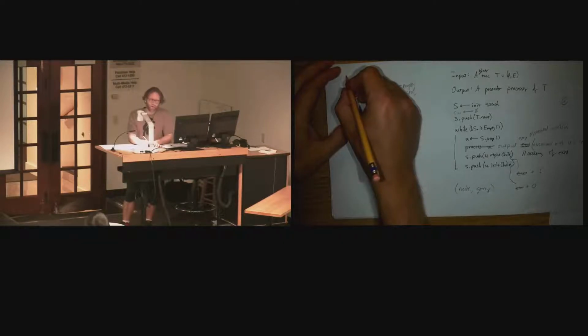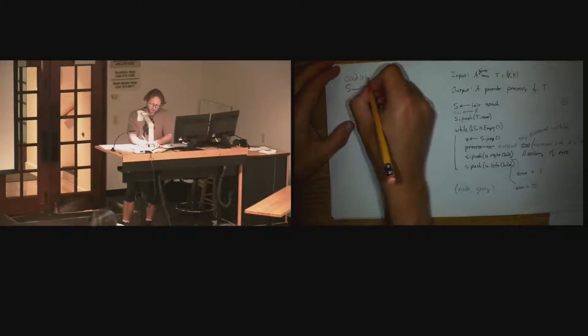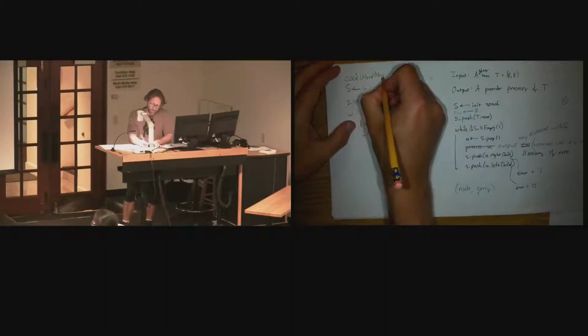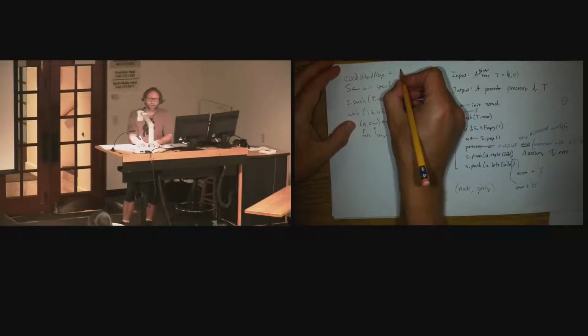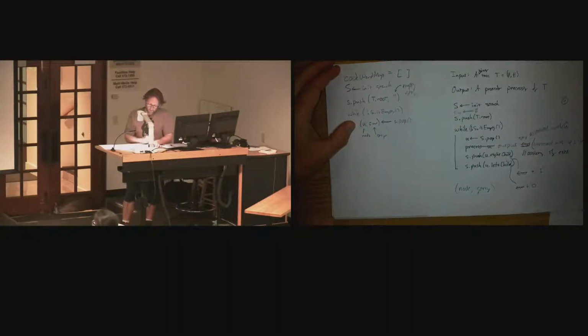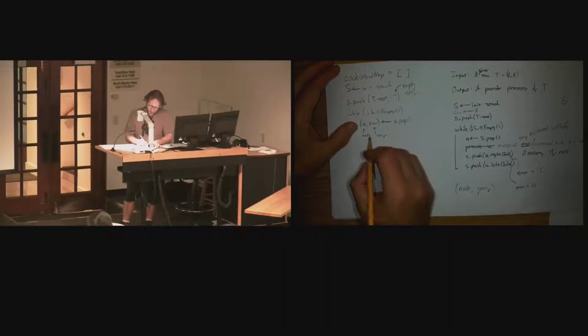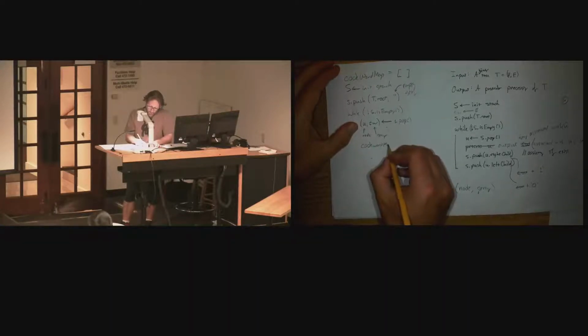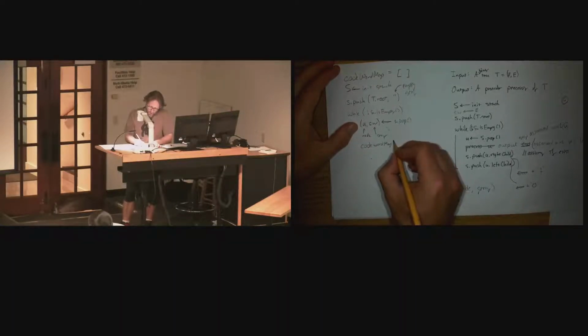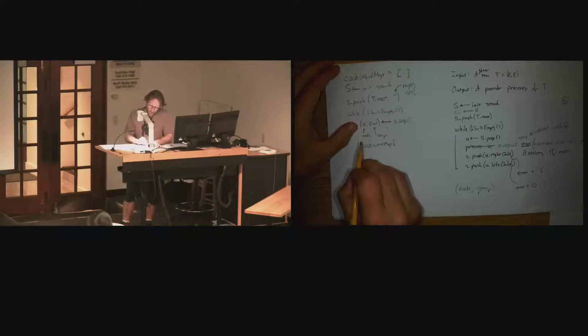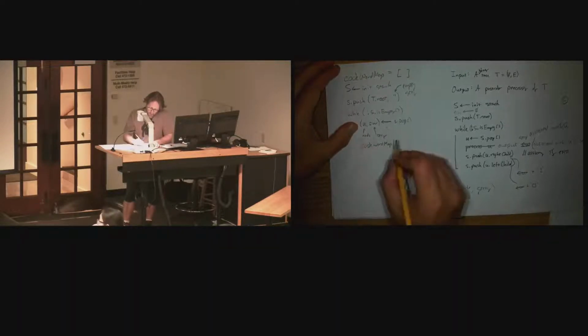So what do you want to call your dictionary? Your code word map. Right? And a dictionary is going to be brackets. And so what I'm going to do is I'm going to associate code word map, I'm going to put in the node's letter.